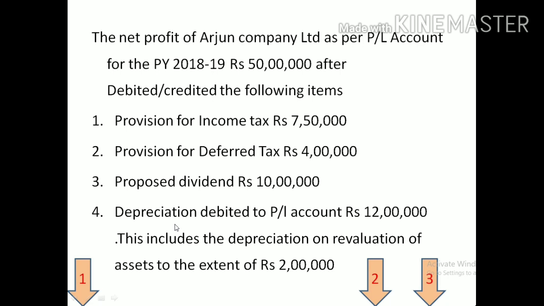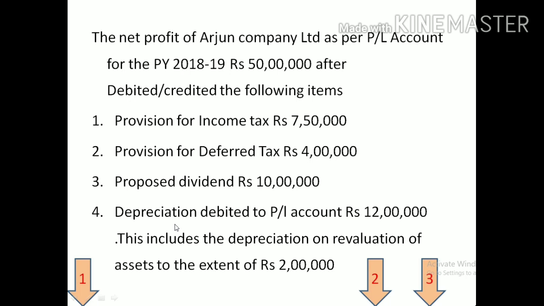This is the concept: compulsorily add and compulsorily deduct depreciation in MAT provision. Which depreciation should be considered? Very carefully, the depreciation should be as much as is debited to the profit and loss account. Don't take it as per IT in MAT provision; you should take it as per book, that is, how much is showing on the profit and loss account debit side. While adding, it includes depreciation on revaluation; while deducting, it excludes depreciation on revaluation.